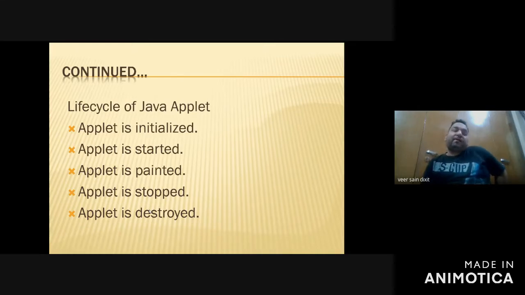Then it will start. Then the applet is painted, meaning whatever drawing of rectangles or circles you do will be done. After that, the applet will be stopped, and once you come out of your applet program, it will be destroyed. These are the various stages: first initialization, then started, then painted, then stopped, then destroyed.